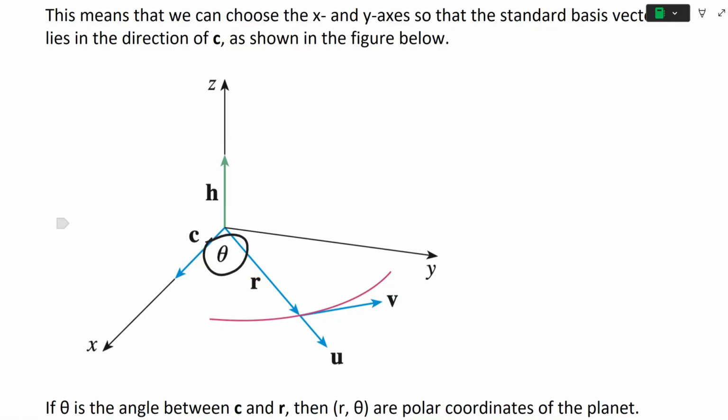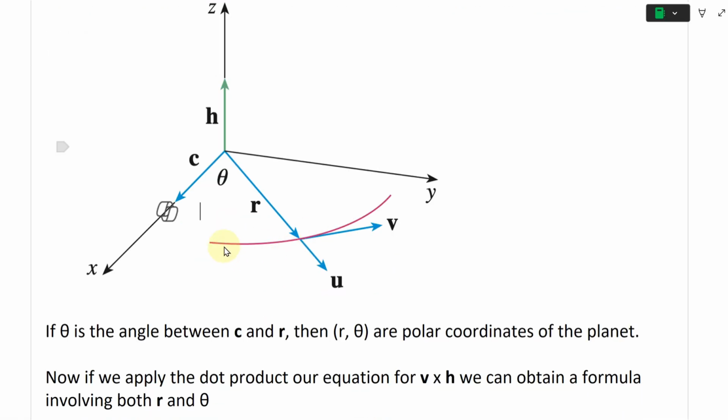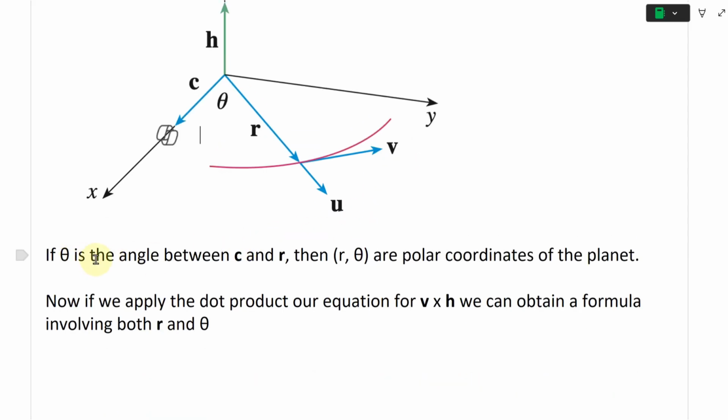Then there's the curve, and the u vector, and v, and so on. So if theta is the angle between c and r, then the point (r, theta) gives the polar coordinates of the planet. So the polar coordinates are right here, r theta at this point.